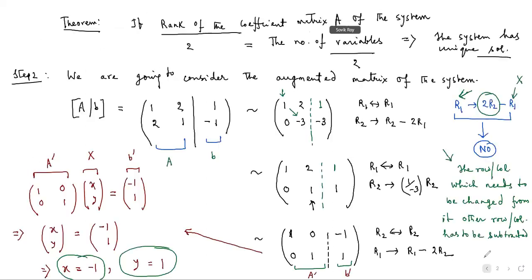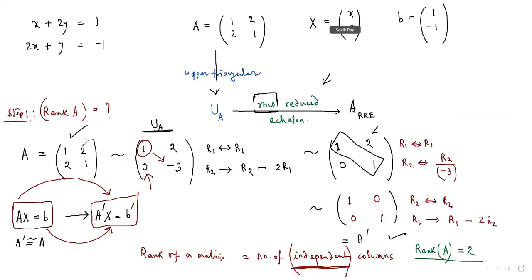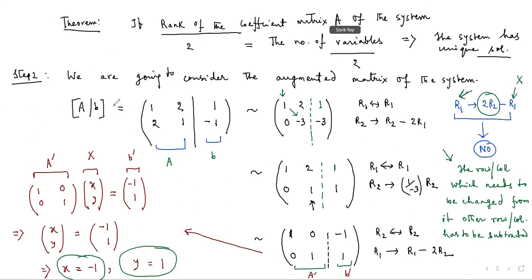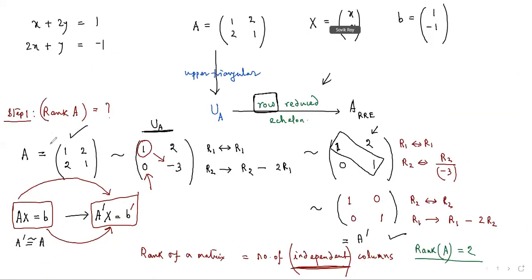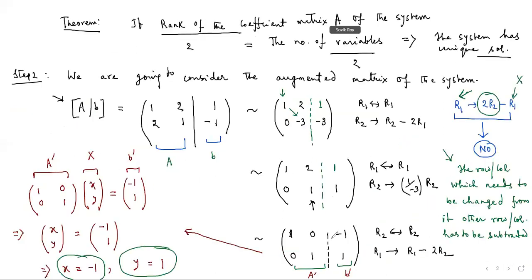Although I have shown the two operations, finding the rank of the given matrix A and the transformation of the augmented matrix AB, in two different steps, you can directly start with the transformation of the augmented matrix. From it you can declare the rank of the given matrix.